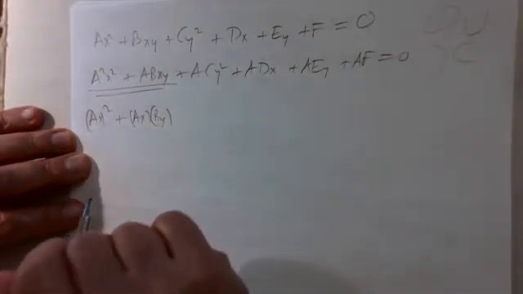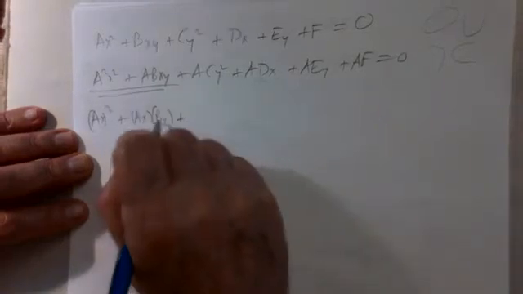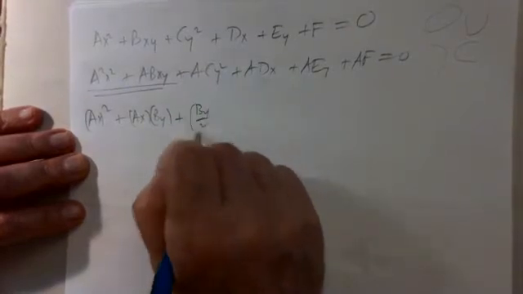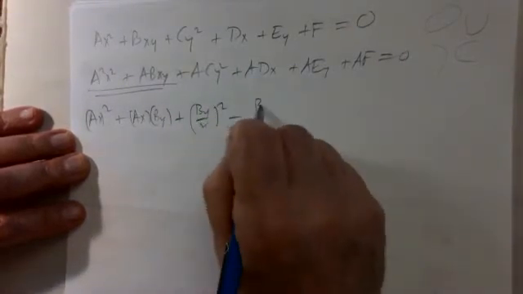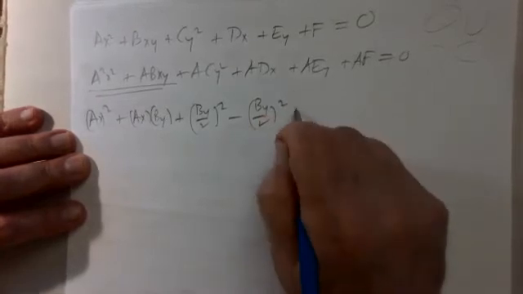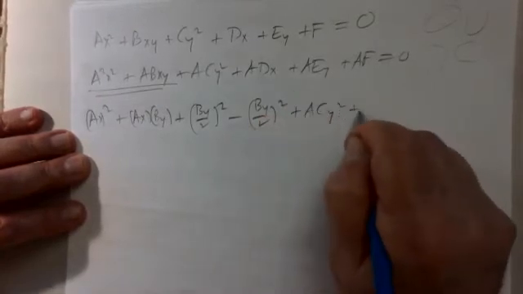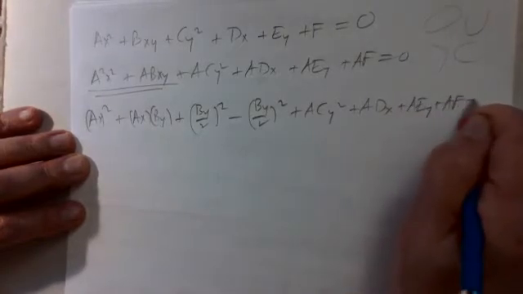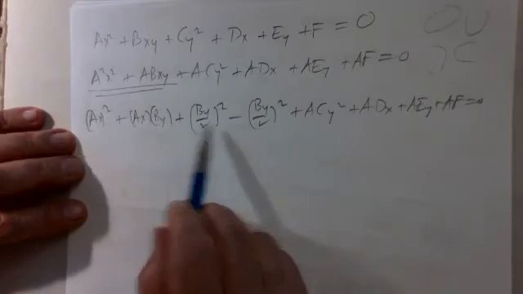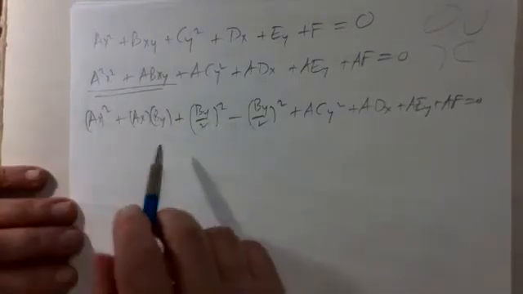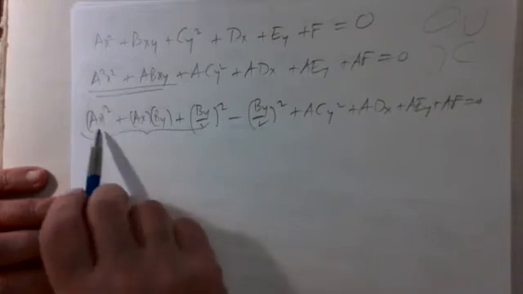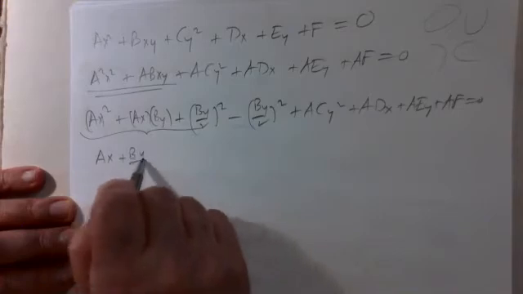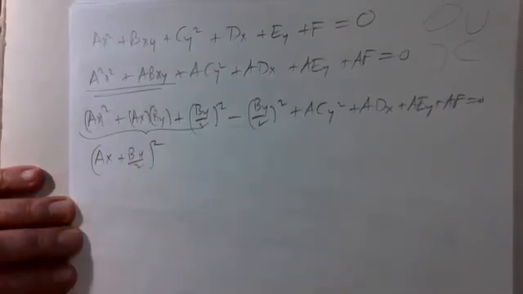To complete the square, you would add by over 2 squared. But if you add it, you have to subtract it, plus everything else. So this is the same equation. I just added 0, this minus this. But the point is that now these three terms are ax plus by over 2 squared.